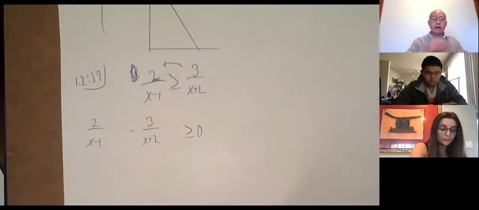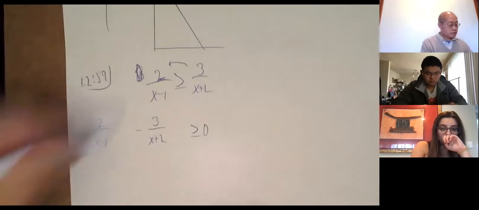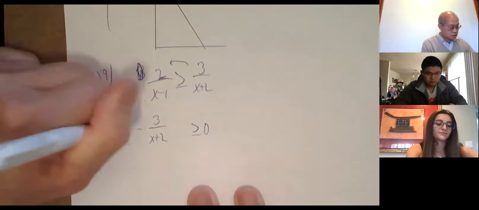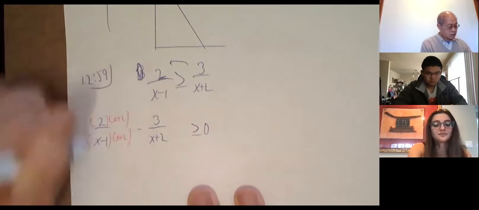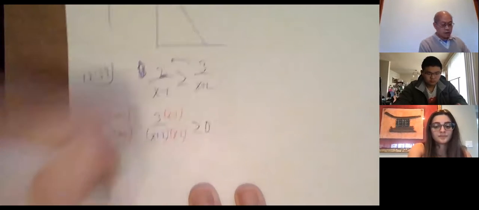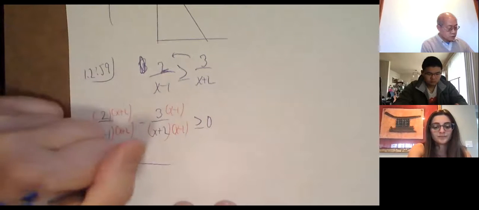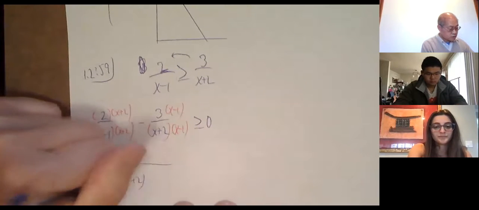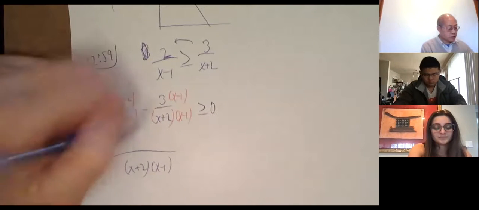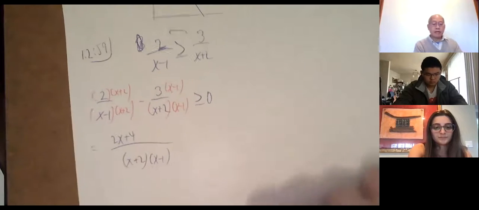Okay, so common denominator, this side needs that, this side needs that. So x plus 2 over x plus 2, and this one is x minus 1 over x minus 1. So x plus 2 times x minus 1 is my common denominator. On top, it's 2x plus 4 minus, and again, I'll play this trick.